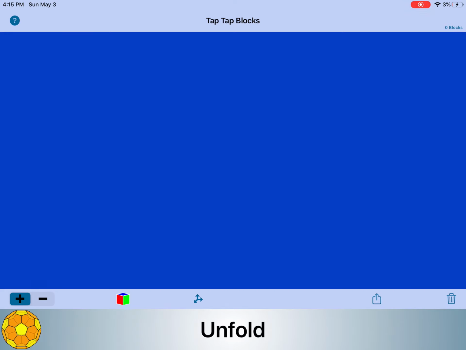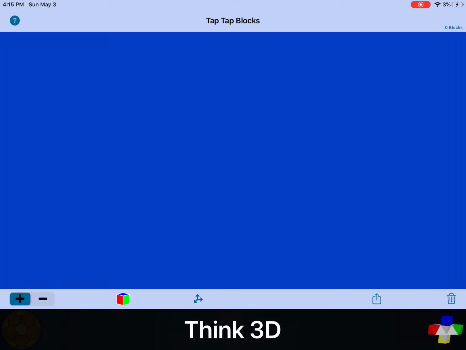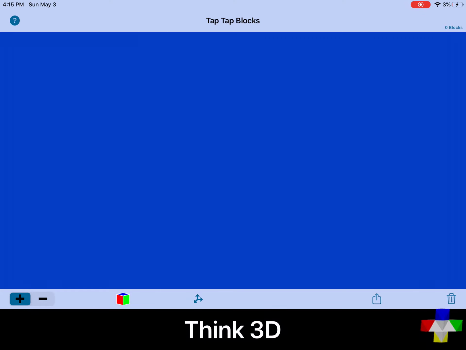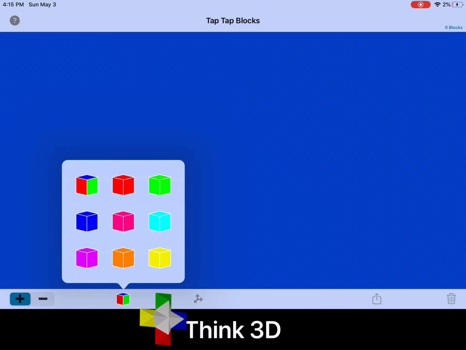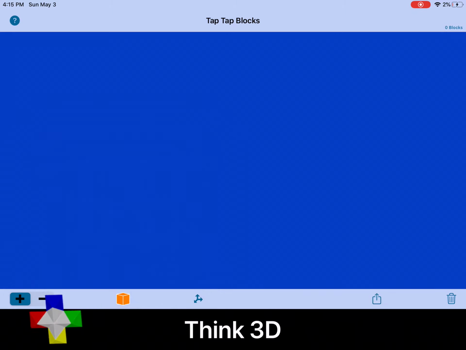To do that, we are going to start with tap, tap blocks. For problem number 1, we are going to use one color cube. I'm going to choose orange, and we're going to build a structure that's 3 centimeters by 2 centimeters by 2 centimeters.